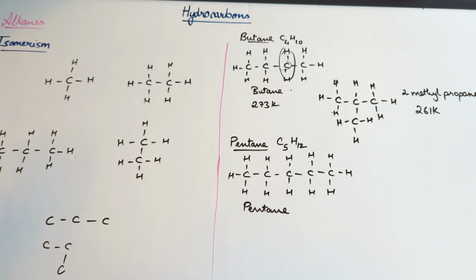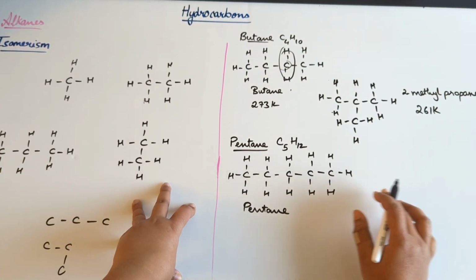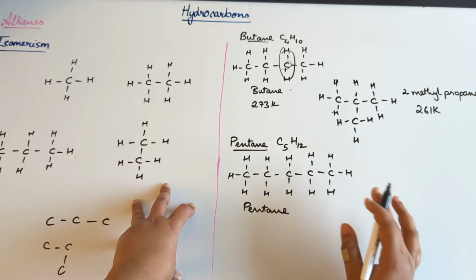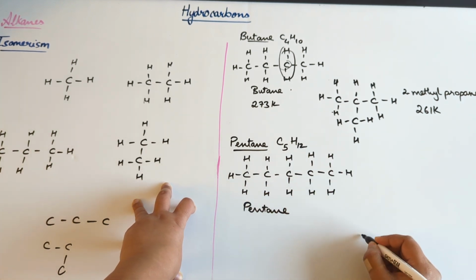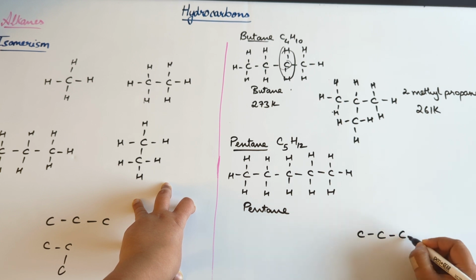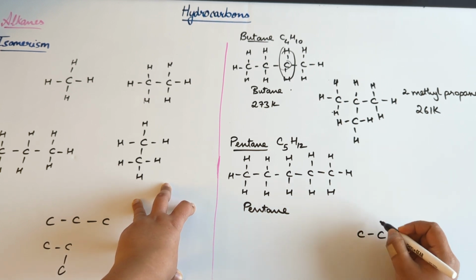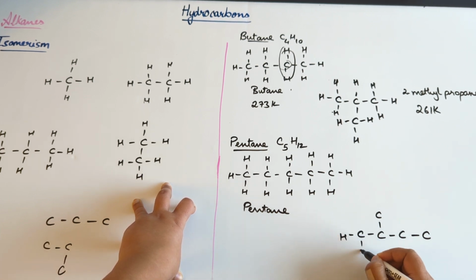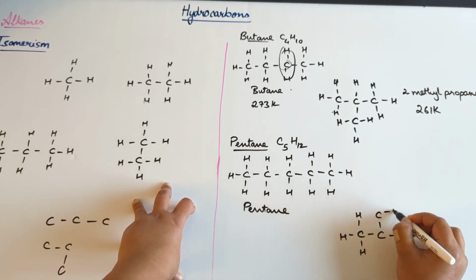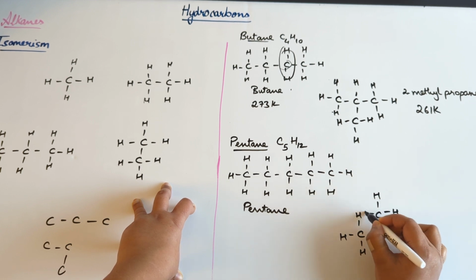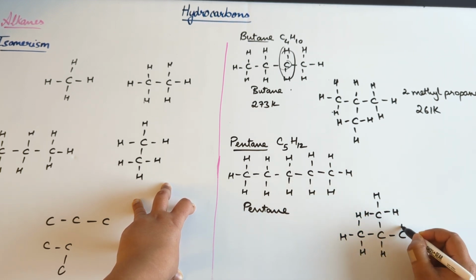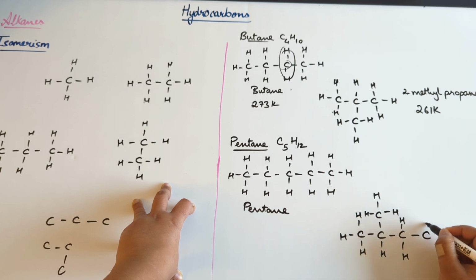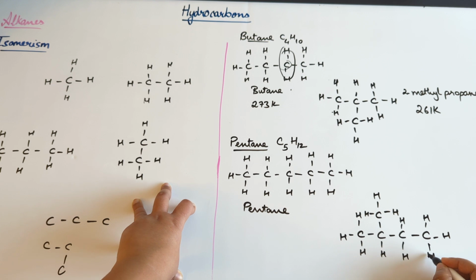Now, what can we do? We can obviously change the order, right? So we can shift from a 5-membered chain to a 4-membered one. So that will give us a butane chain with a methyl group attached, right? So fill in the hydrogens again. If you still find it difficult, remember the valency of carbon is going to be 4.